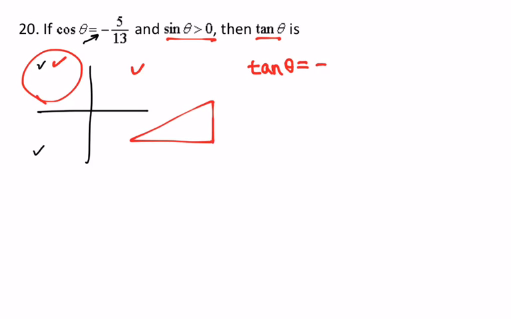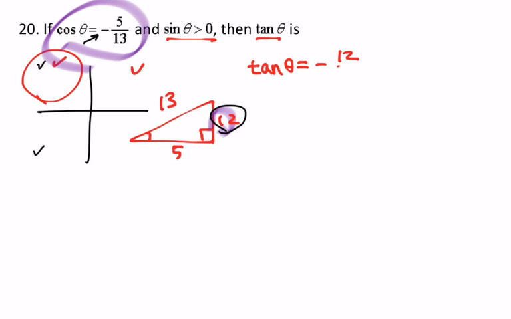Now I'm going to draw the triangle looking at this ratio here: 13 and 5. That's what I realized about the cosine of that angle. The missing side here can be found by the 5, 12, 13 triple, or you can use the simple Pythagorean theorem. Now tangent is opposite over adjacent, so we get 12 over 5 as our answer.